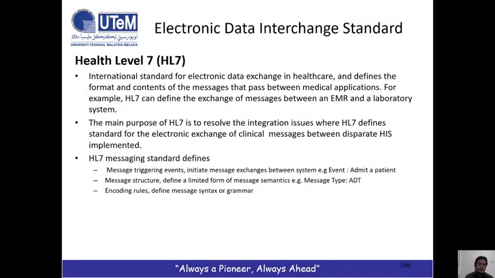Okay, another important standard when we develop a healthcare information system is the electronic data interchange standard. Electronic data interchange is like in banking systems or e-commerce.